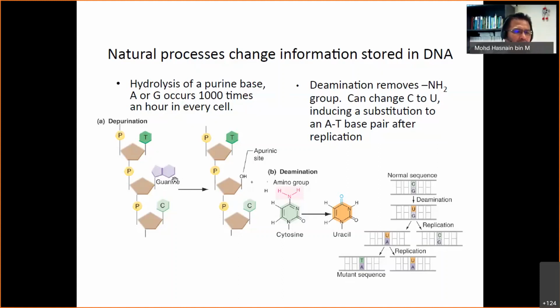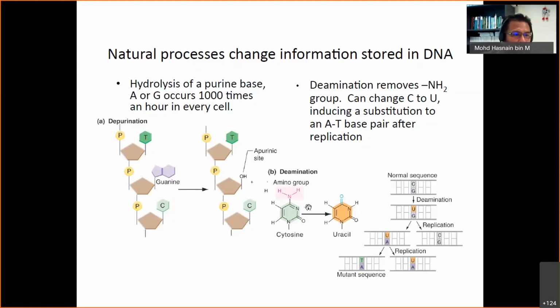Purine means adenine and guanine, right? So you can have an apurinic site: you have the phosphate group and the ribose sugar, but no nitrogenous base.